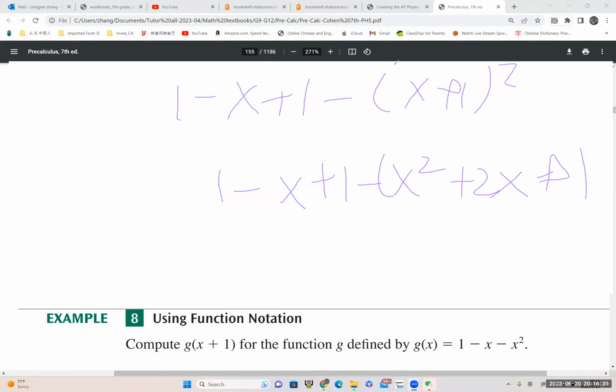Please write your final result. You can double check.